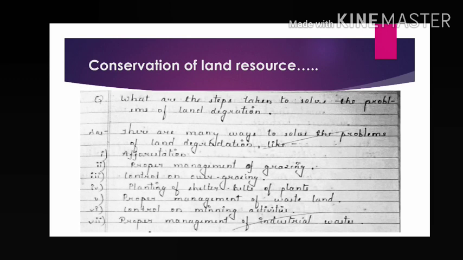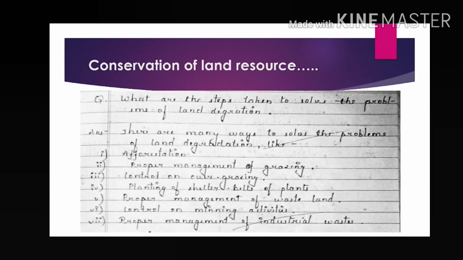Clear? That is called a shelter belt. The trees planted around the agricultural land behave like a shelter, protecting the agricultural land from erosion, that's why it is called a shelter belt.